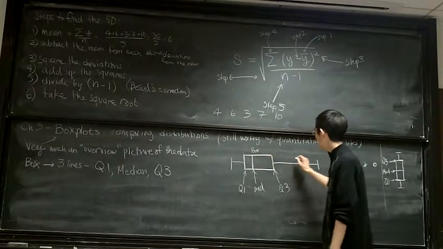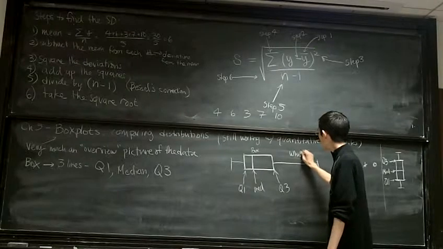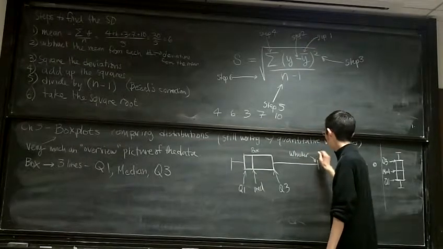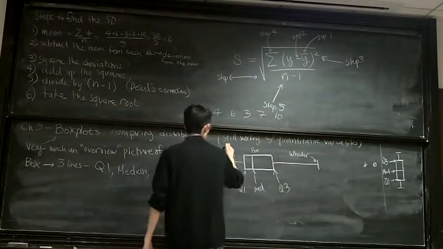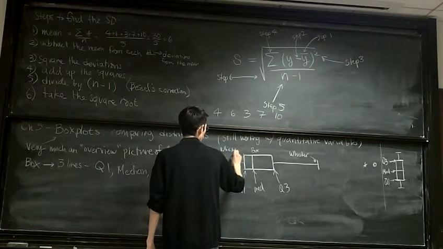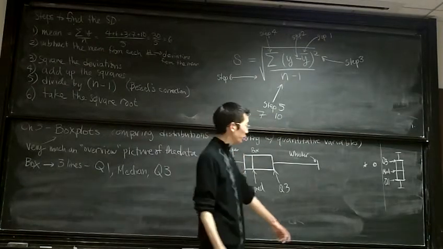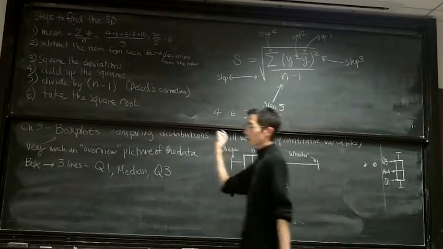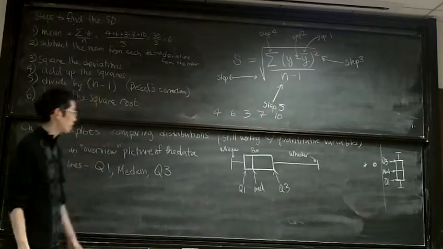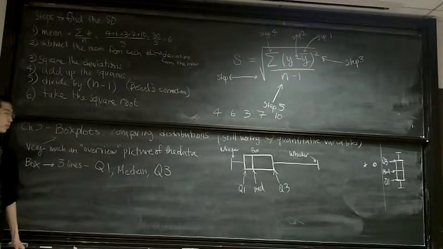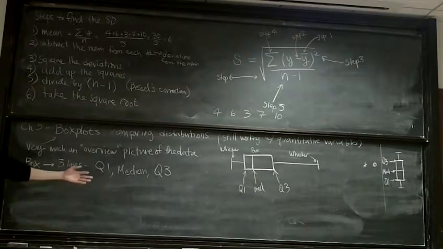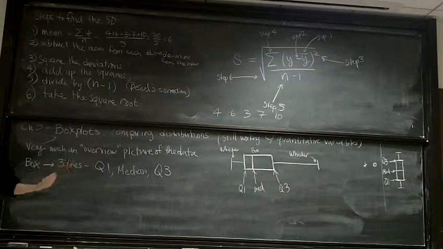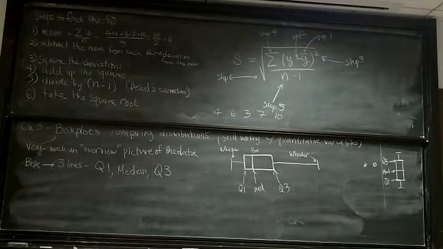This over here is known as a whisker, and we've got two whiskers. Sometimes rather than box plot, they call it a box and whisker diagram. But before I can explain how to draw the whiskers, I have to talk about something called fences.